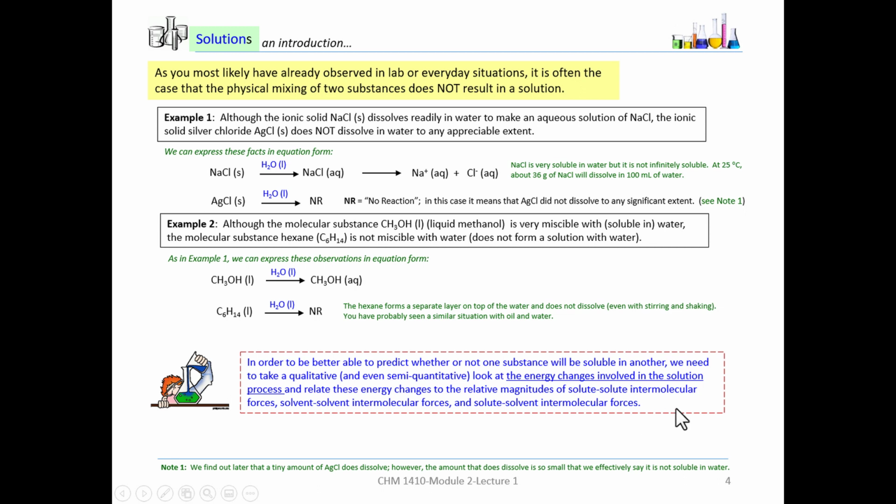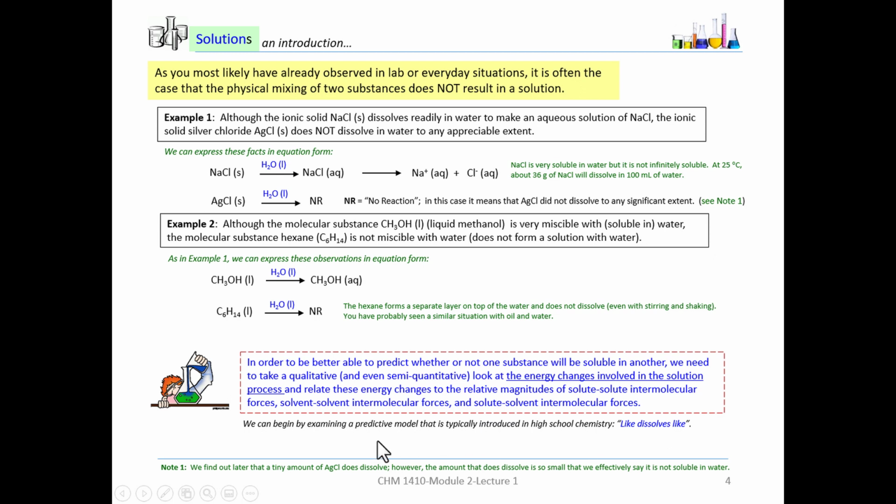Bottom line, energy changes when making solutions are important. We want the solution process to be energetically favorable. Whether or not it's energetically favorable depends on the types of intermolecular forces operating in the solvent, in the solute, and between the solvent and the solute.